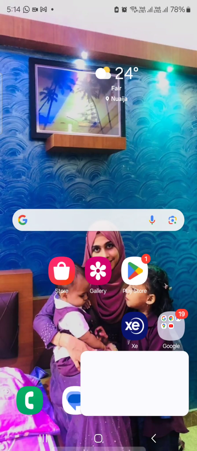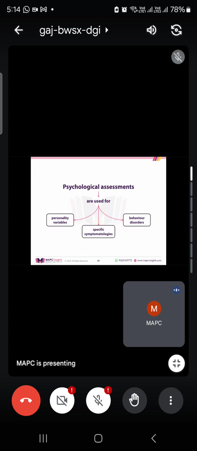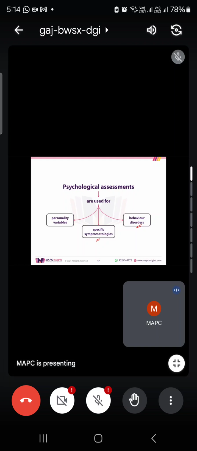Behavior disorders are also checked with the help of this assessment. And symptomatology: if you want to check the specific symptoms of a particular disease or mental illness, we can use psychological assessment for the same. So these are the various applications of psychological assessment.